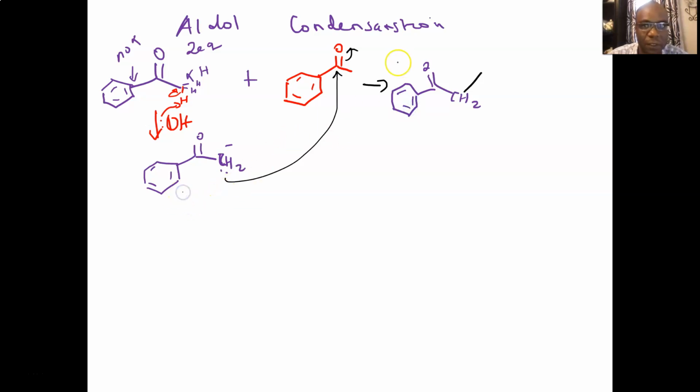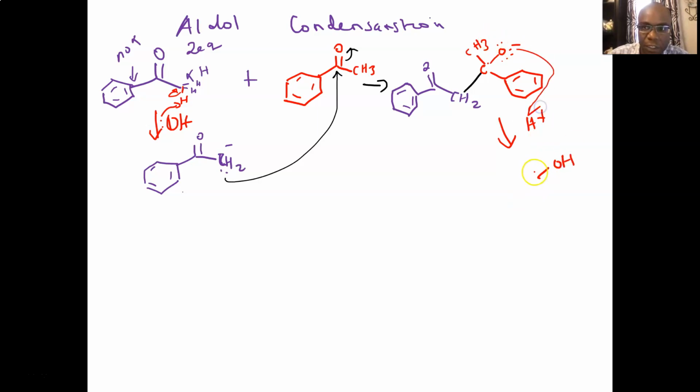The black arrow is clicking onto the red carbonyl, which will end up giving you O-. This CH3 right here is this CH3 right here, and of course we have to show the ring that's on the same carbonyl carbon. So if you do acid workup, the O- will definitely be OH.